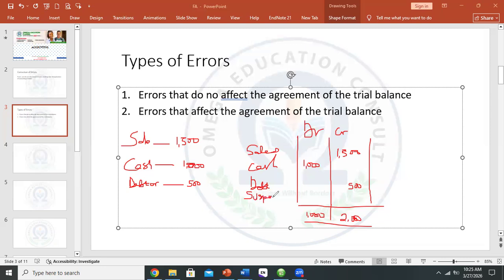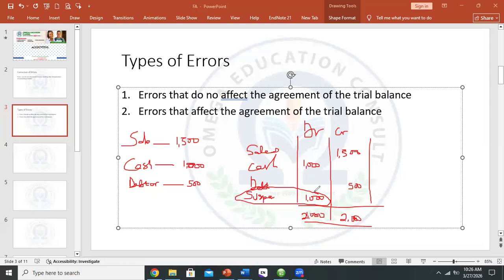If this happens, then we say we put in a suspense account. The suspense account will keep the difference. So here the difference is how much? 1,000, and the difference is supposed to be at the debit side to make the thing balance. So now, if you put the suspense there, you would have 2,000 against 2,000. And like I indicated to you, this is only temporary because we are going to do the investigation to see why it is happening.